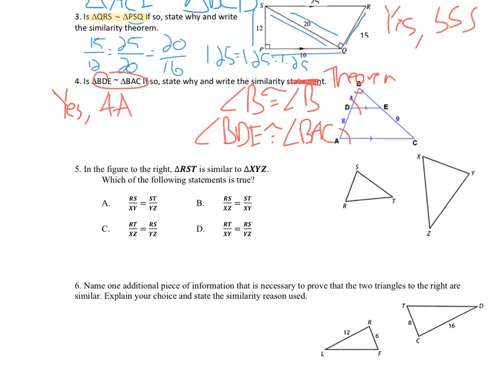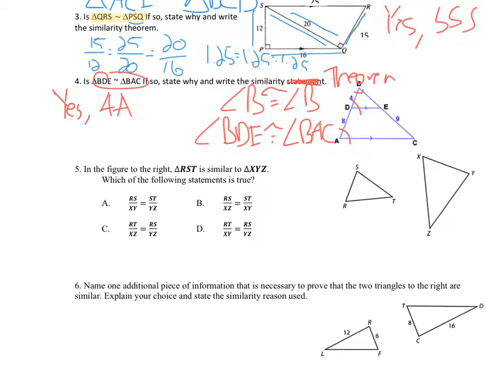All right, number 5. In the figure to the right, triangle RST is similar to triangle XYZ. So they're stating that they are already similar. So since we know they are already similar, that means we have congruent angles, and relevant to what we have here, we have proportions of sides that have to be equal.